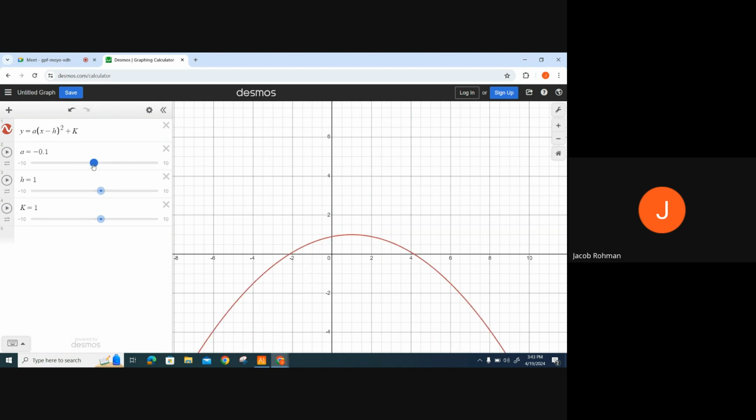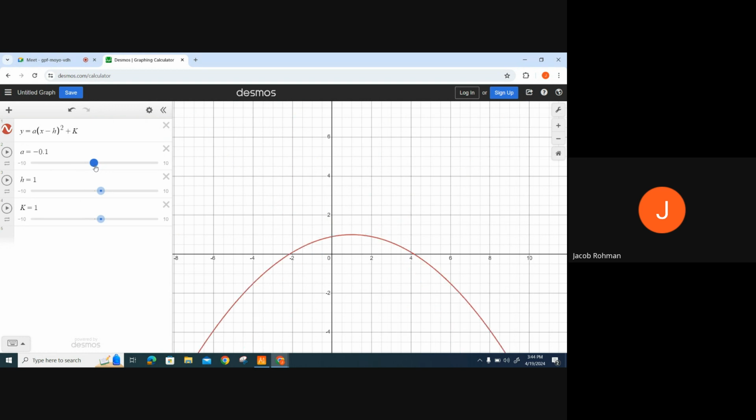Now, from 0 to 1, you can see that I'm getting skinnier in the graph. And as I get to 1, that becomes the parent function. So where a equals 1, that's the parent function. From 0 to 1, as I get closer to 0, it's getting wider, or compressing.